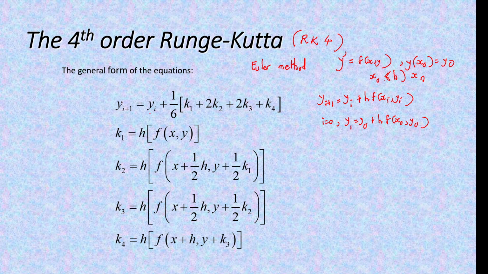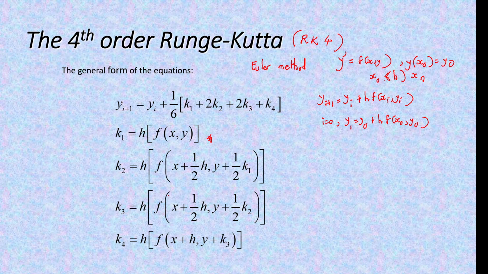Euler is y i plus k1, where k1 is h f x i y i. For fourth order you have k1, k2, k3, k4, where k2 is still the same function, however the x here is modified as x plus h over 2, so y becomes y plus k1 over 2.